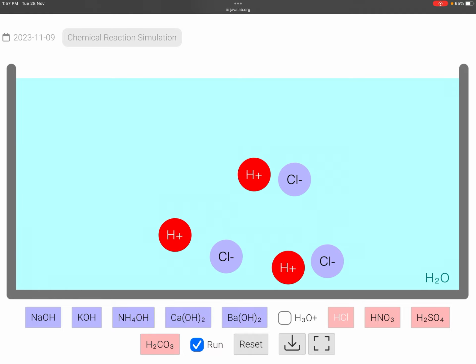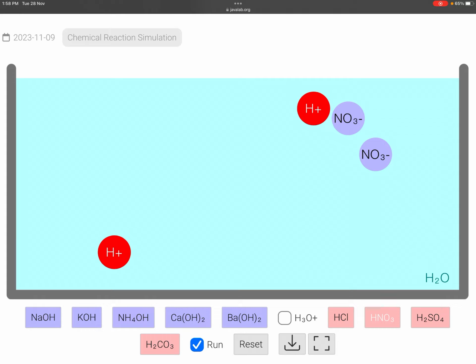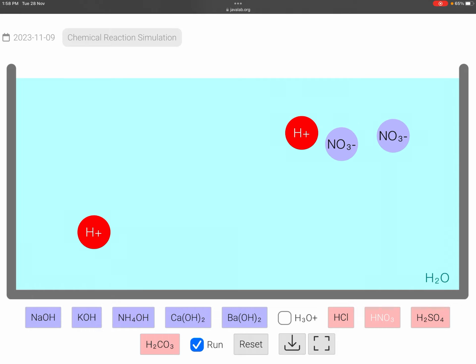طيب, if I'm going to try another acid like nitric acid, HNO3, in the water, what do you see? I can observe that the nitric acid going to be separated into two parts, two ions as well. Two ions, what are these? Hydrogen ion and NO3 which is nitrate ion.